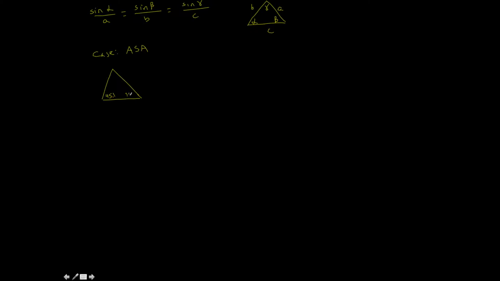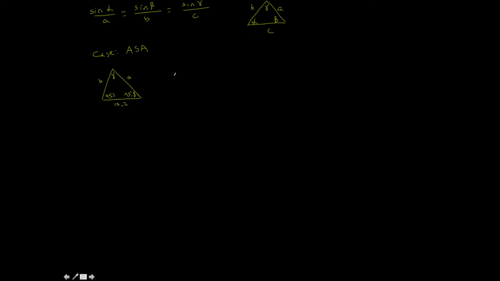This angle here is 75.8. This is gamma, B, alpha, and 10.2 will be this side. So notice, you got two angles and an included side is how we say that. Okay, two angles and included side.